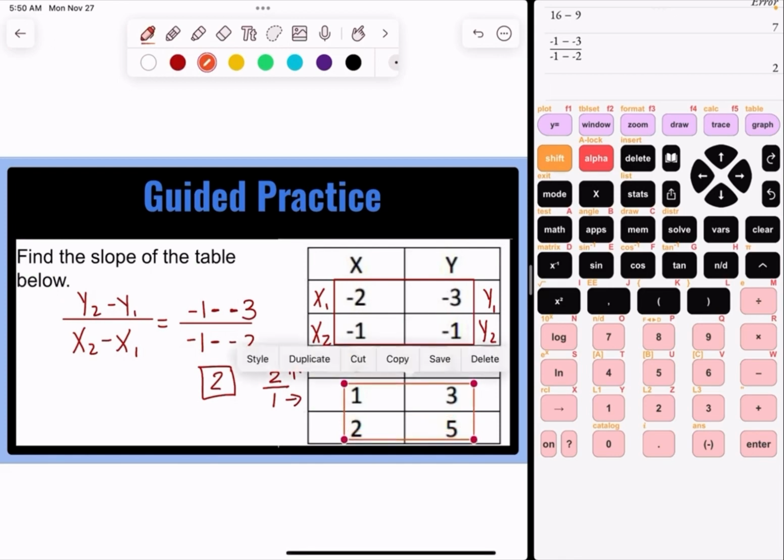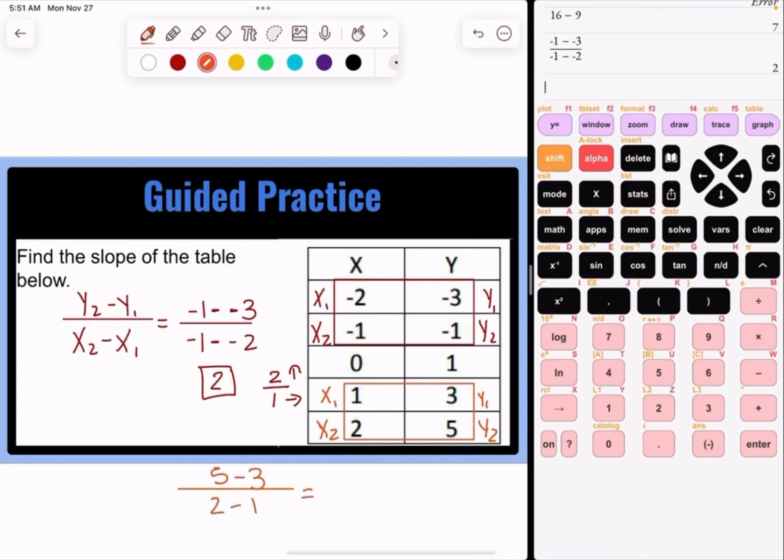The first thing in our formula is y2, which is 5, minus y1 is 3. Then x2 is 2, minus x1 is 1. And that gives us 5 minus 3 is 2, 2 minus 1 is 1. And that is the same answer we got.